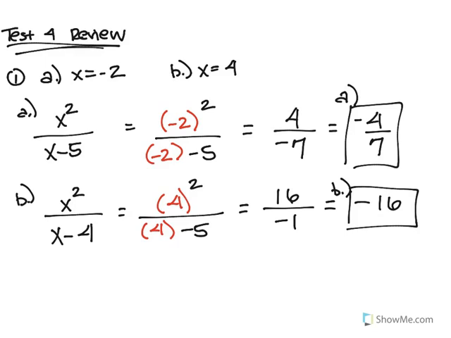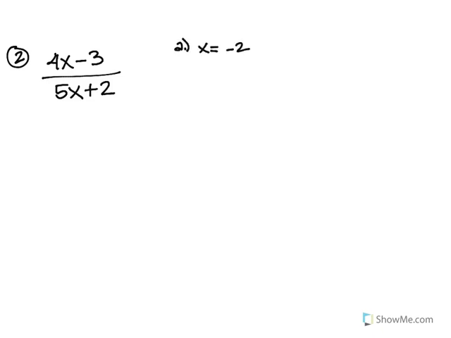Okay. On number 2, our expression is 4x minus 3 over 5x plus 2. And we're going to allow x to be -2. So where x is, we're going to stick -2.